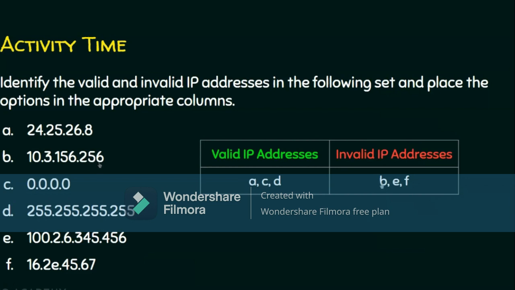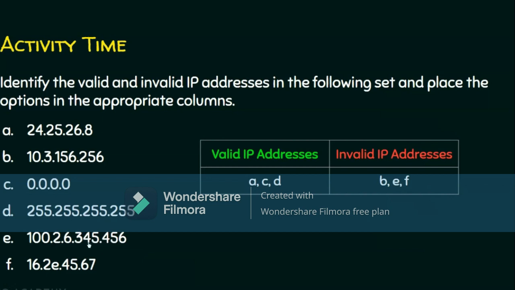So B is invalid. Coming to C, it is a valid IP address because each octet can be between 0 and 255. So C is valid. And D is valid. Why? Because D is also the last IP address of the IPv4 address set, and each octet is between 0 and 255. So D is valid. If you observe, E is an invalid IP address because it has 5 octets.